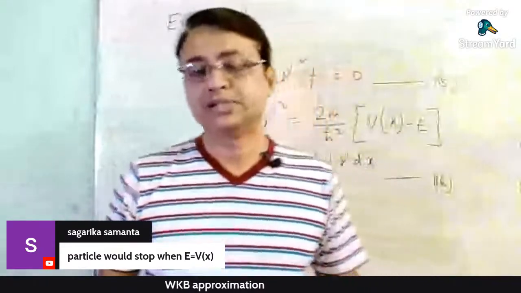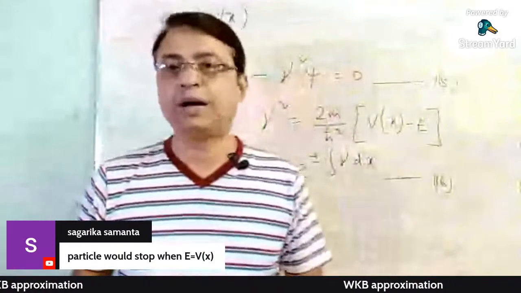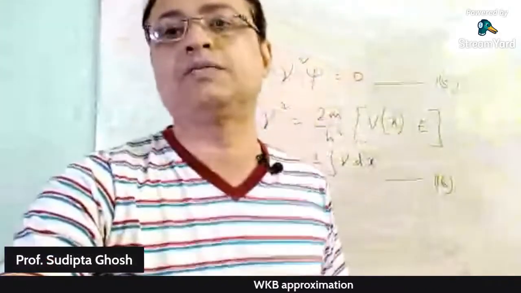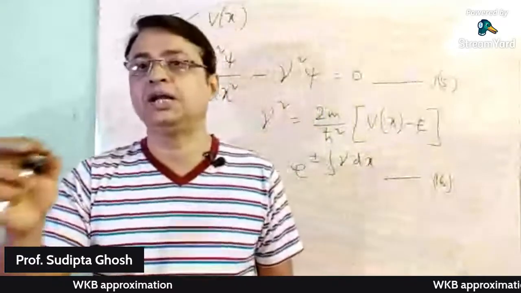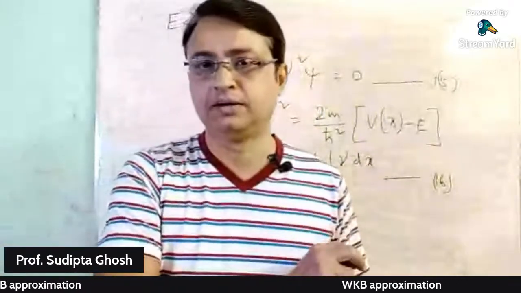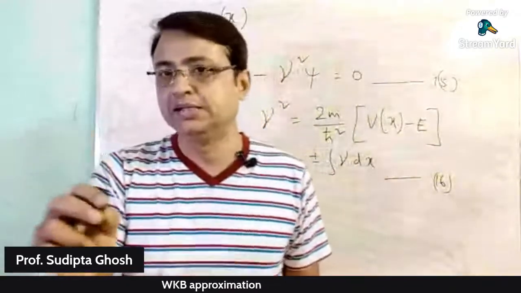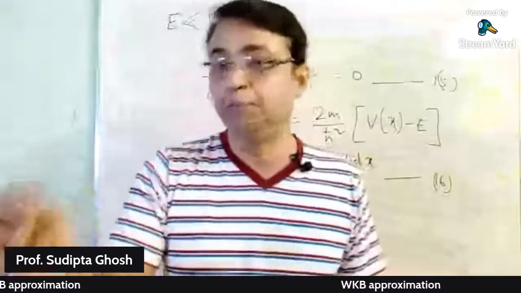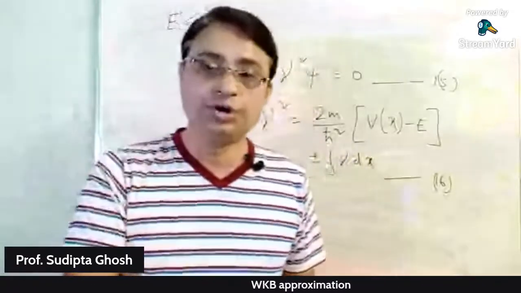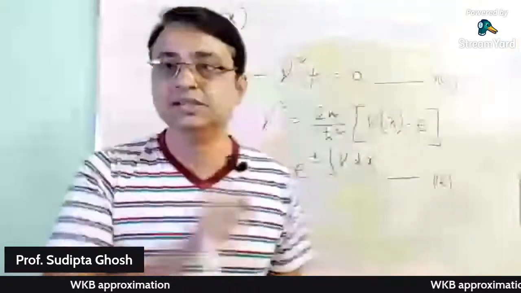I think the discussion should be that whenever the energy of the particle equals the potential energy of the region, psi goes to infinity. In quantum mechanics, psi tending to infinity means your theory, the WKB approximation, fails here.